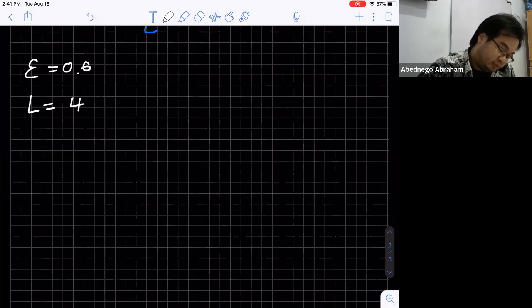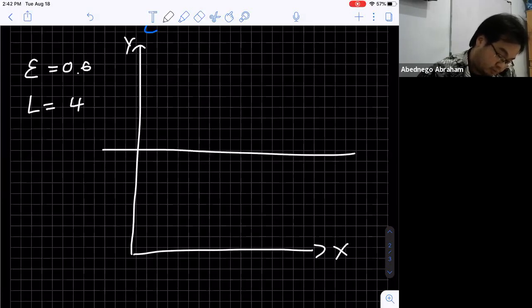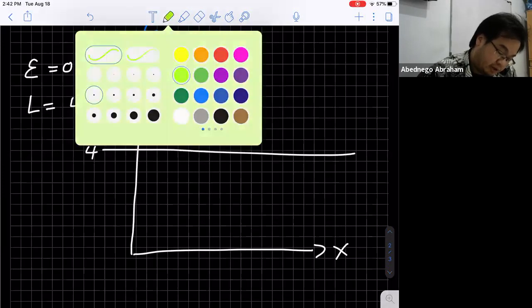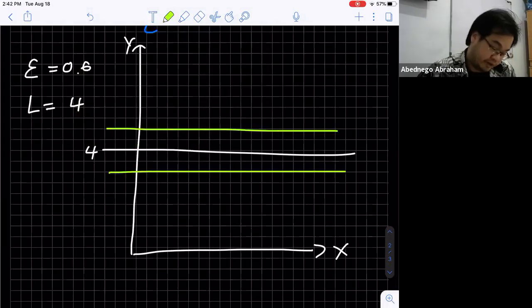So actually, if this is 4, then we are going to make two lines, which are at a distance of 0.6 from 4, right? So this will be 4.6 and this will be 3.4.